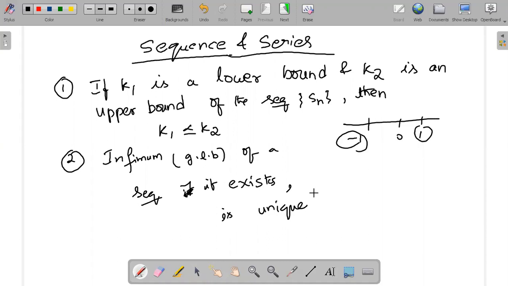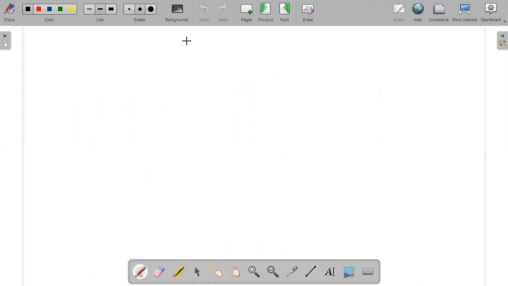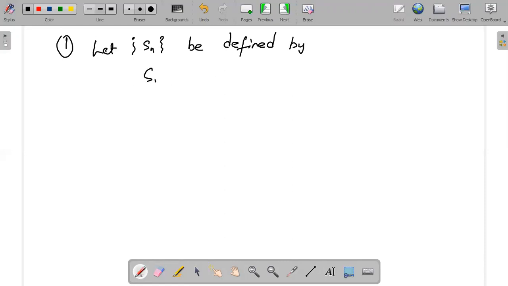Okay, we'll try to solve a few examples based on these bounds. Let Sn be a sequence defined by Sn equals k.